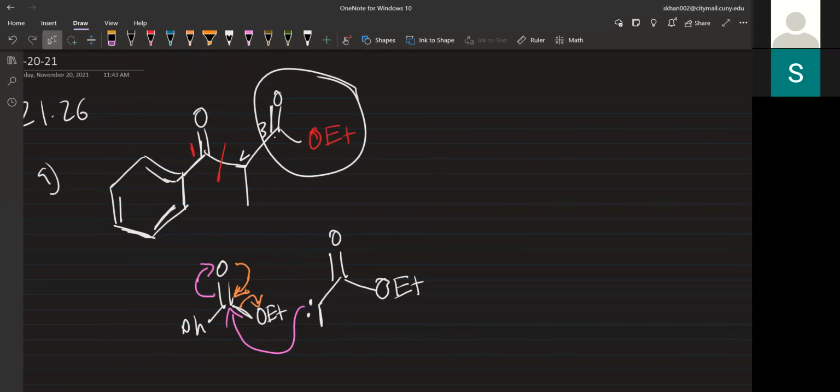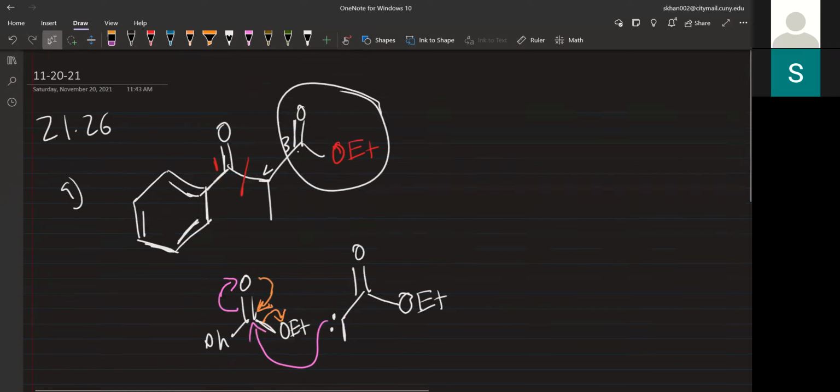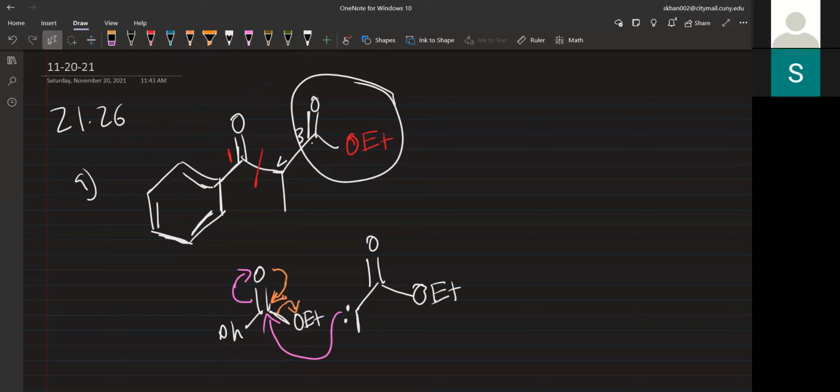It has no alpha hydrogens. It could never have formed an enolate, right? Here, though, we came from one side that had the alkyl group and its ester intact, so of course that could form an enolate pretty well because it does have the alpha hydrogen, right?